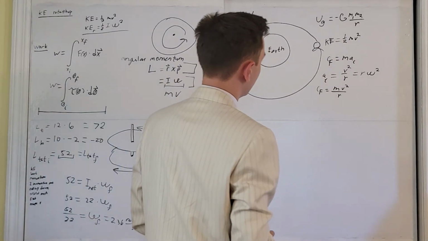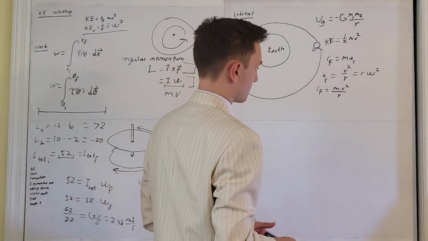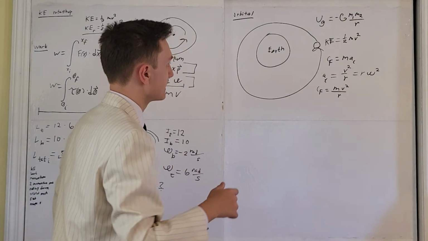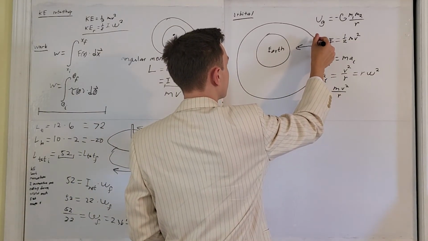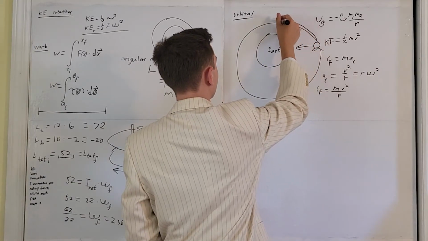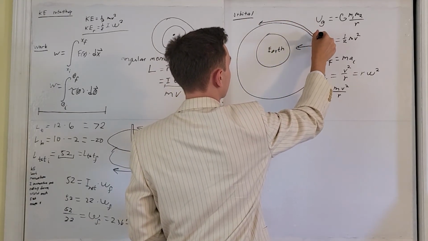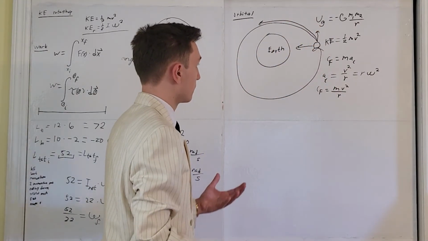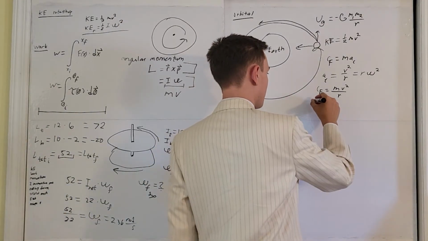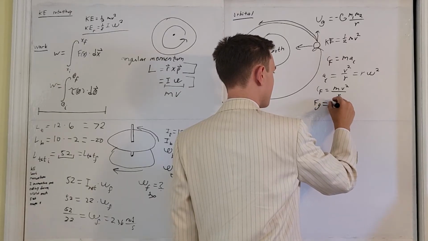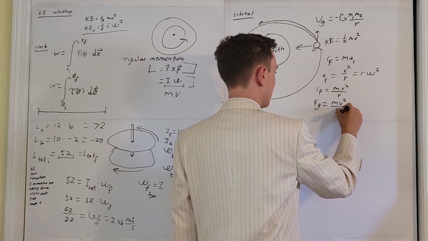Okay? Now, what is the centripetal force in this case? What is the force that is constantly pulling on the object in order to continually keep its velocity vector turning? Okay? What is that force? In this case, it's going to be the gravitational force. So therefore, I'm going to say that my gravitational force equals mv squared over r.